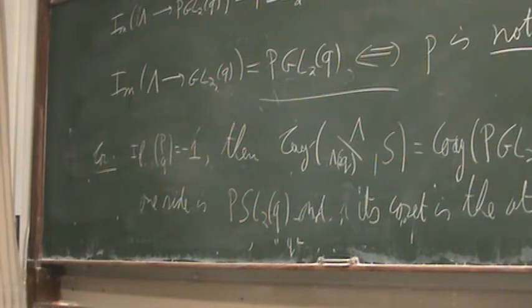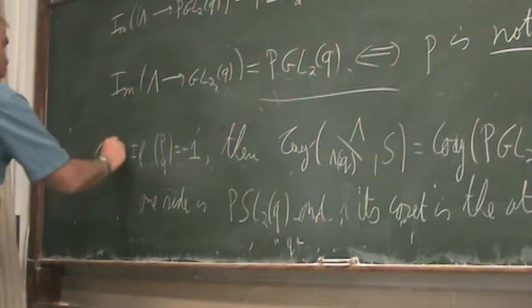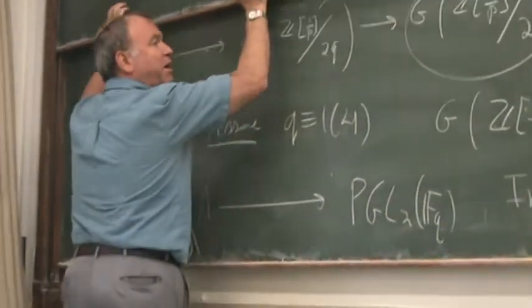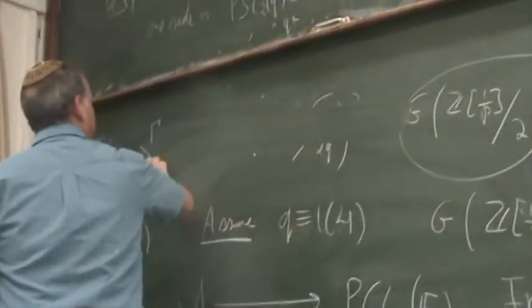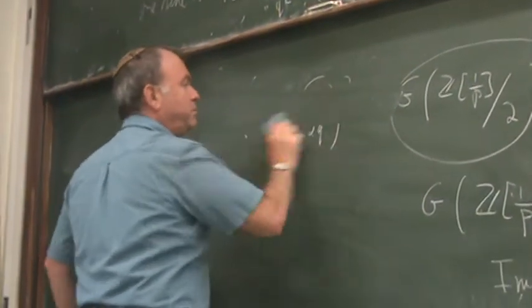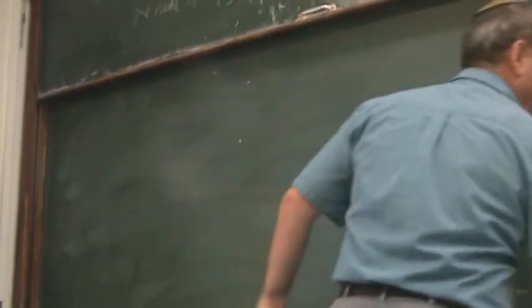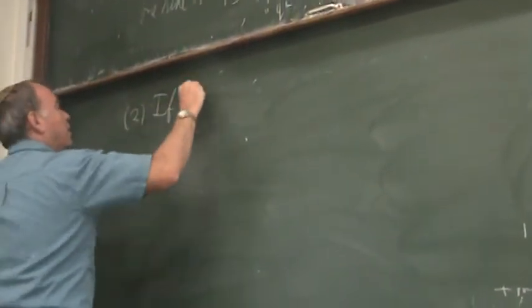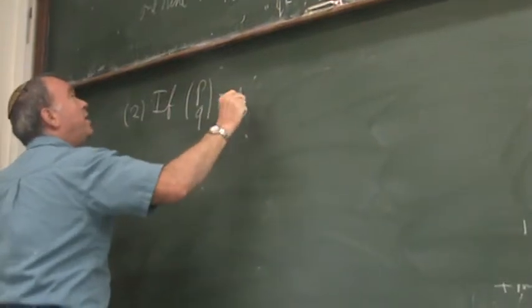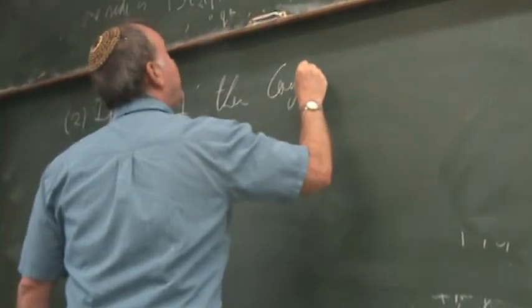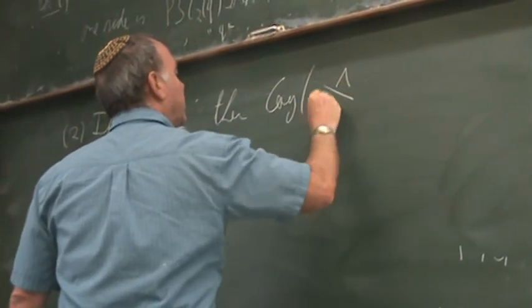Now, because of this exercise, we can also deduce that if P over Q is 1, then the graph is not bipartite. Why? Because if P over Q is equal to 1, then the Cayley graph of lambda over lambda 2Q, right?